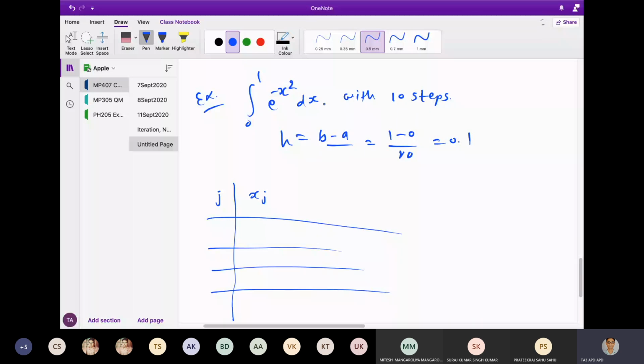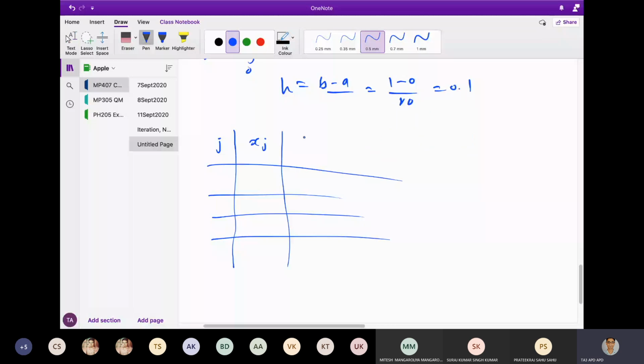So first you find out x, then you have xj square, and then you have e to the power minus xj square.